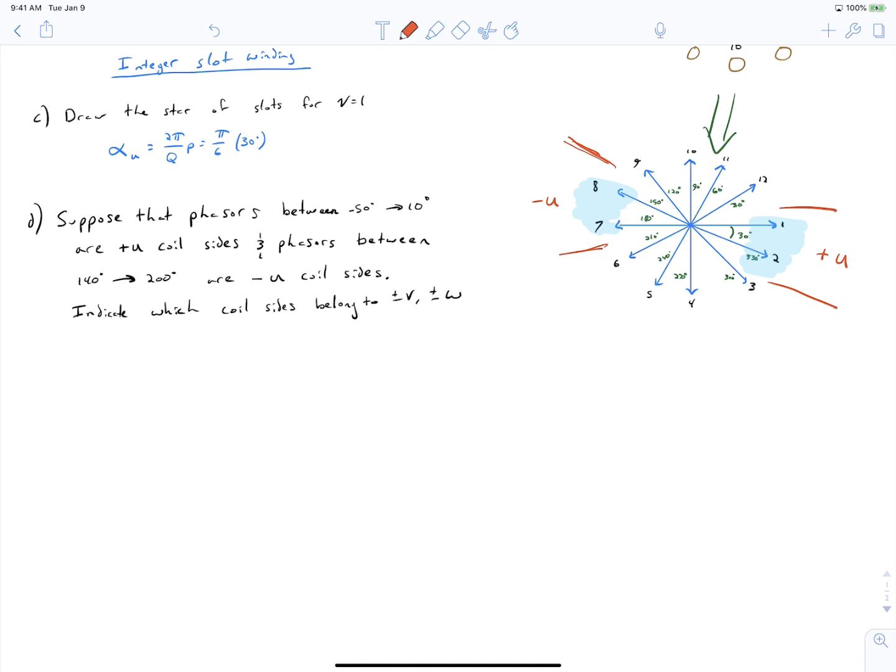So you have to have an incoming and a return path. It's important that we have two positive coil sides and two negative coil sides to represent two complete coils. And we've told you which of those coil sides belong to phase U. Now, I want you to figure out which coil sides belong to phase V and phase W. Press pause now, give it a try, and press play when you're ready to watch me do it.